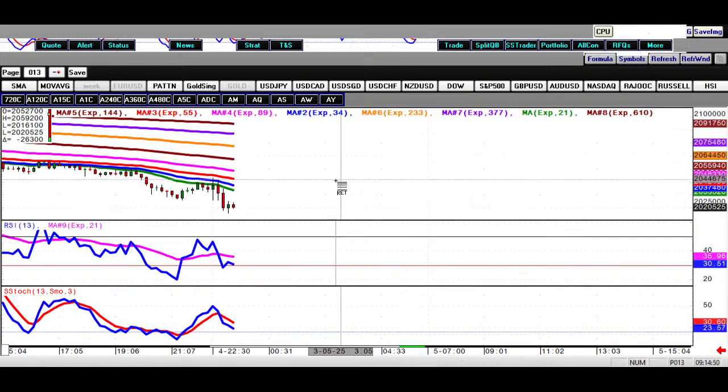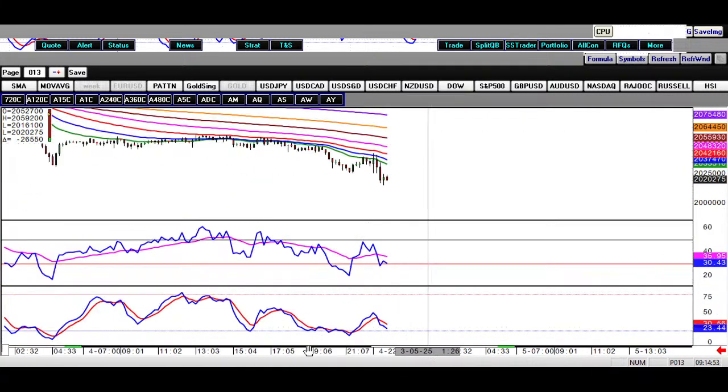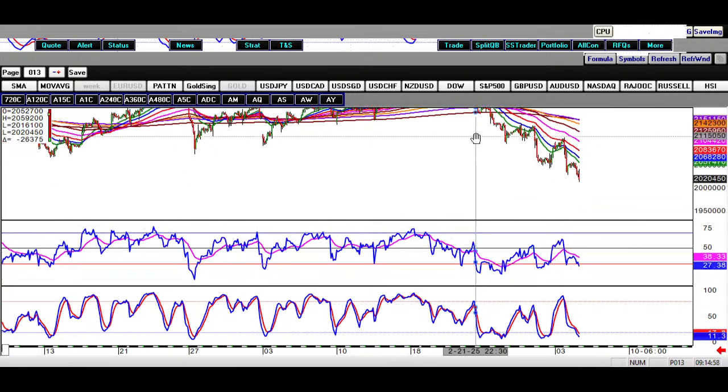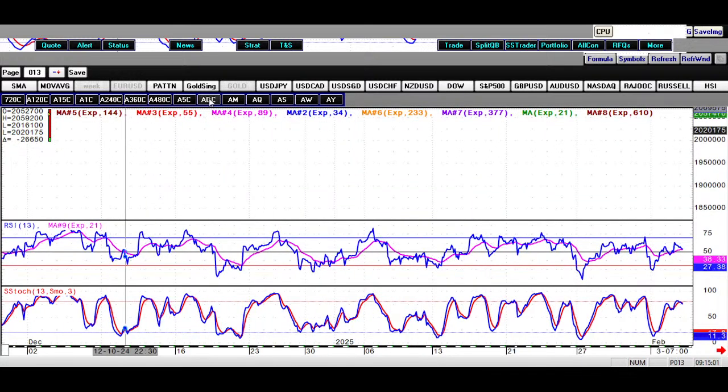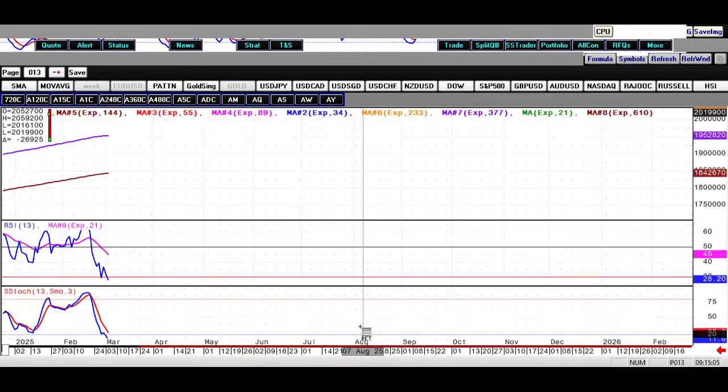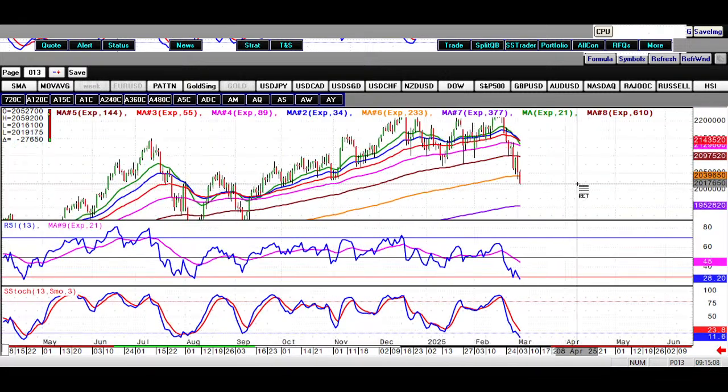We'll see whether this market is stabilizing or we are going to see some more weakness. Let me see where the next support is. About another 100 points. We might get another 100 points drop, or it can turn from here.